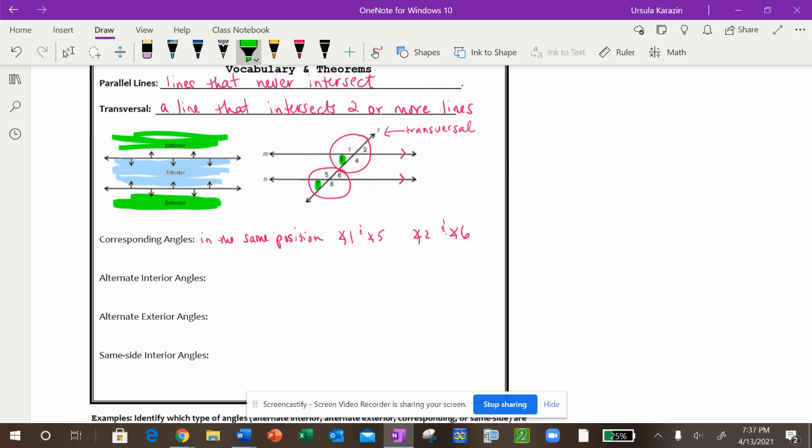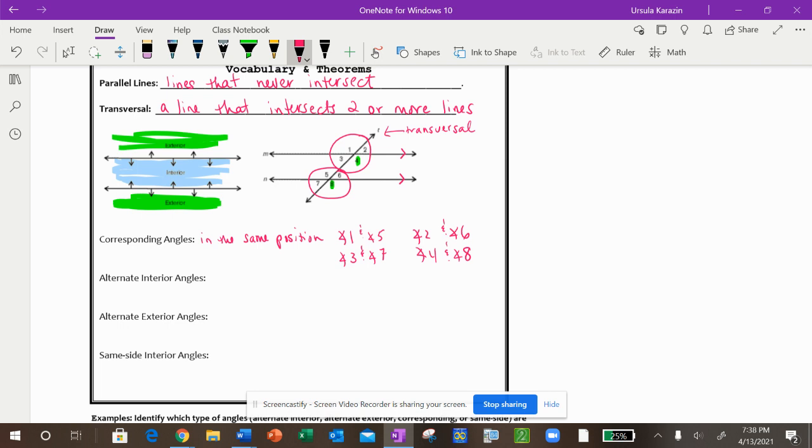So those are corresponding angles, angles 3 and 7. And then the last two are 4 and 8 because they're both in the bottom right.